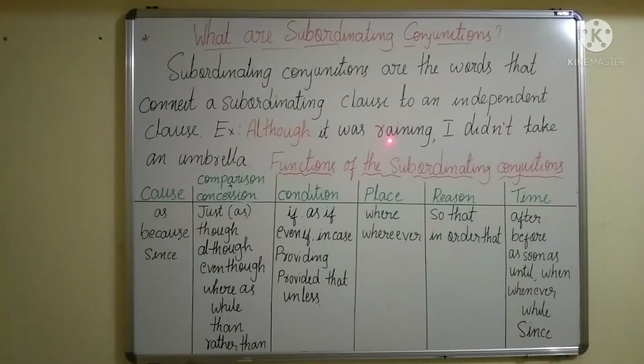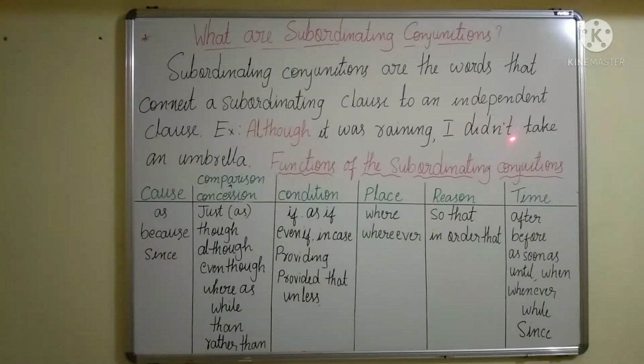Although it was raining is the subordinating clause. I didn't take an umbrella is the independent clause, or we can say main clause.